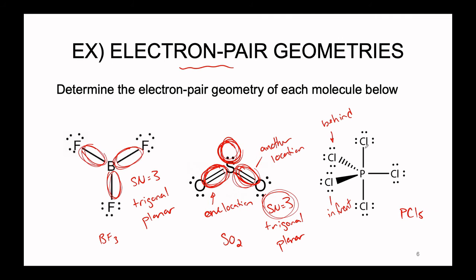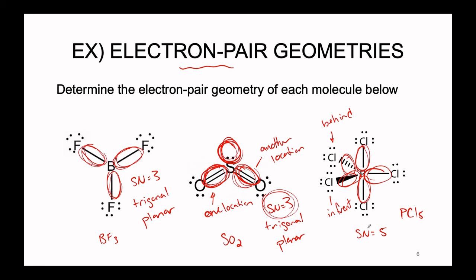All right, so let's count how many locations of bonds we have, how many locations of electrons around this phosphorus. You can see we have 1, 2, 3, 4, 5. There are 5 bonds and no lone pairs, meaning that our phosphorus pentachloride has a steric number equal to 5.